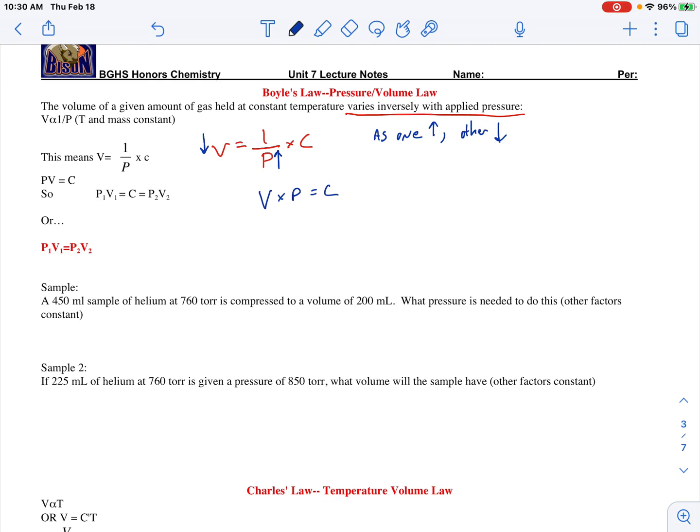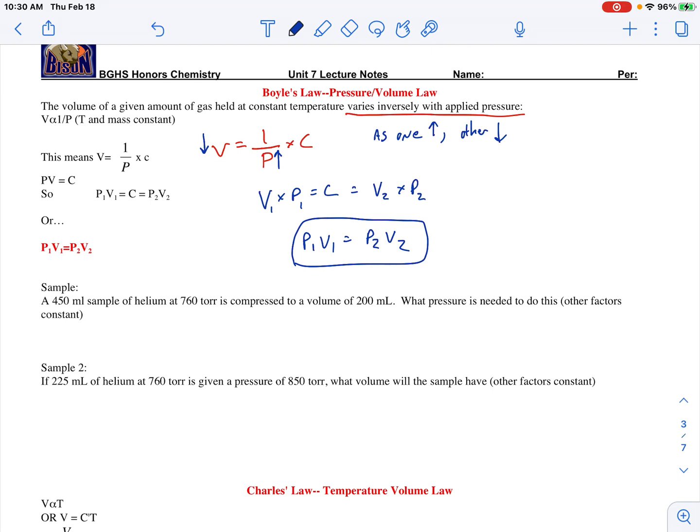Now, if there is one instance where this happens, but we set it equal to another instance, say a different volume and different pressure, the product of P and V has to be equal to the same number, then the C can be dropped out of this equation, and we get what's called Boyle's Law with 4 variables.